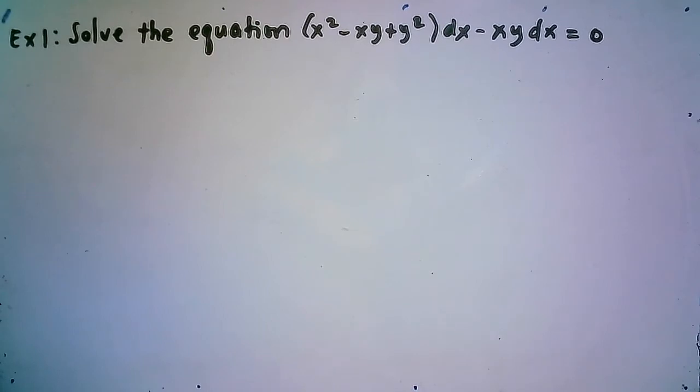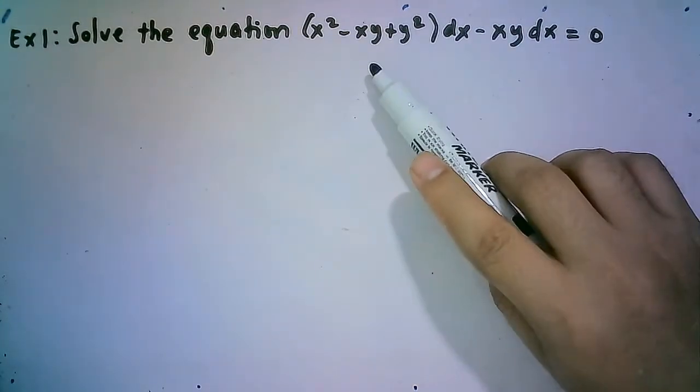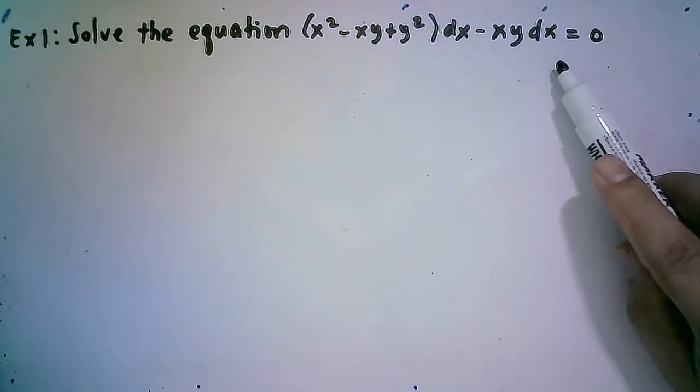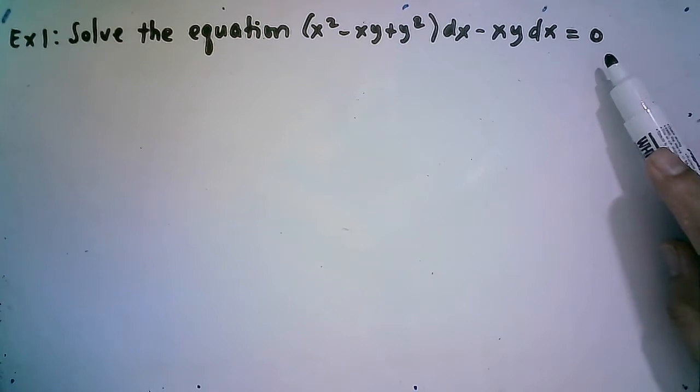To understand the methods of solving differential equations with homogeneous functions, we will have an example. So first example, we have: solve the equation (x squared minus xy plus y squared) dx minus xy dy is equal to 0.